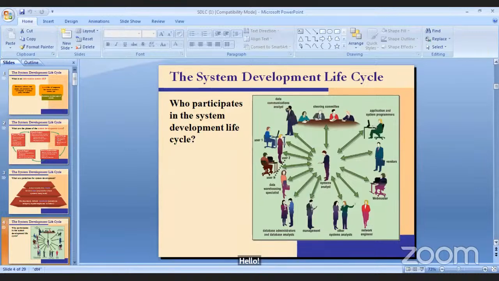A system development life cycle consists of 5 phases, and it is normally used to develop a new system or to enhance the existing system to adopt new changes. So there are many stakeholders: many clients, many customers, many users, many managers. They will interact during the system development life cycle.